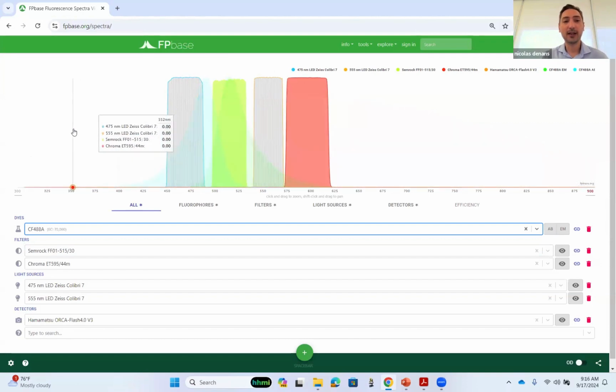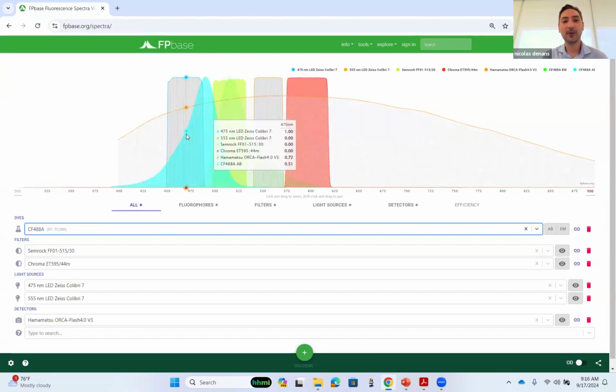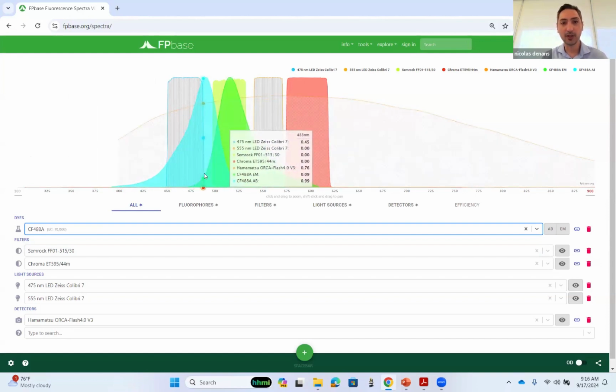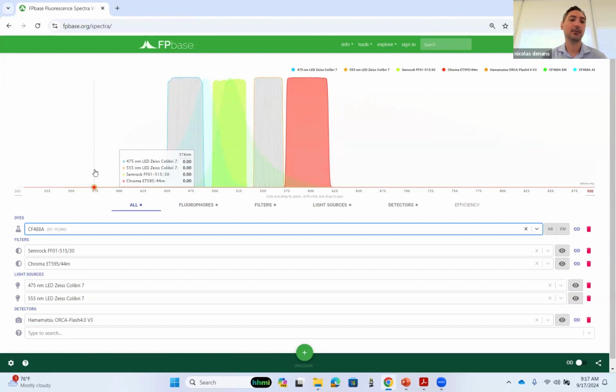So for a green dye, if I have a 475 nanometer LED, I would definitely choose the CF488 over the Alexa 488, because I will be able to excite closer to the maximum excitation peak. The collection is basically the same as for the other one, and the Stokes shift is very similar between the Alexa 488 and this CF488. It's just that the excitation peak is much closer to our LED. So that's something you can use.